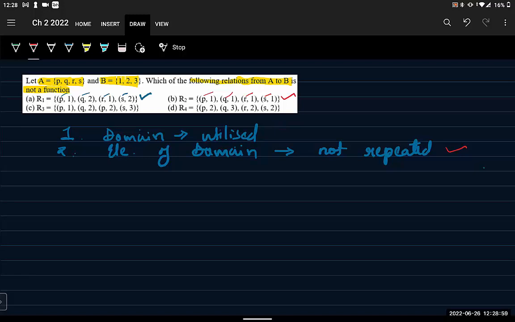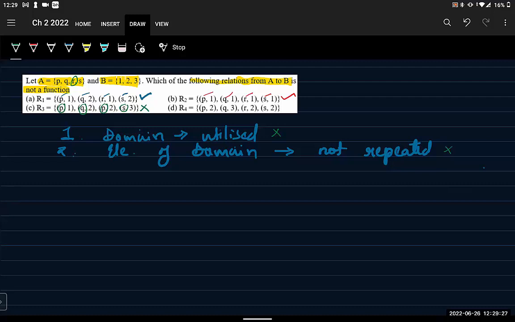Now checking the third, P1, Q2, P2, S3. Here we can say the first elements used are P, Q and S. Here R is not utilized, so it violates our first condition. It also violates the second condition because the first element P is repeated. So it violates both conditions. The third option would not be a function.